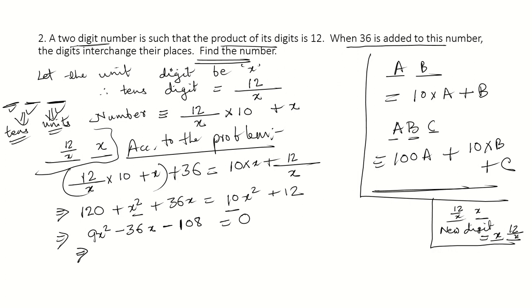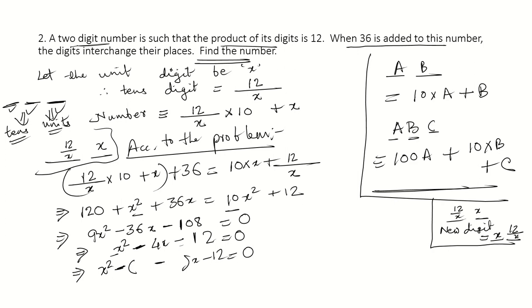So you see, we can divide the entire equation by 9. We get it like this. From here we can simply factorize the equation using the method we already discussed. This is plus, this is minus, so plus cross minus gives us a negative, and here it is minus, so we will keep a minus here.